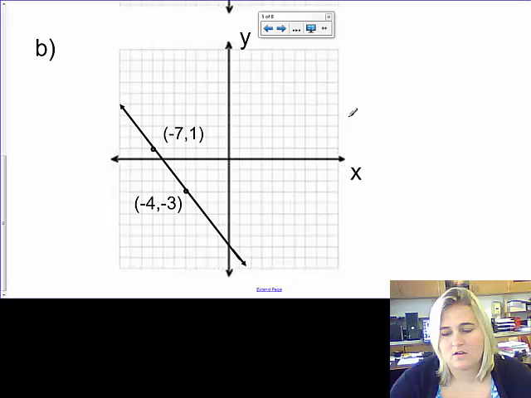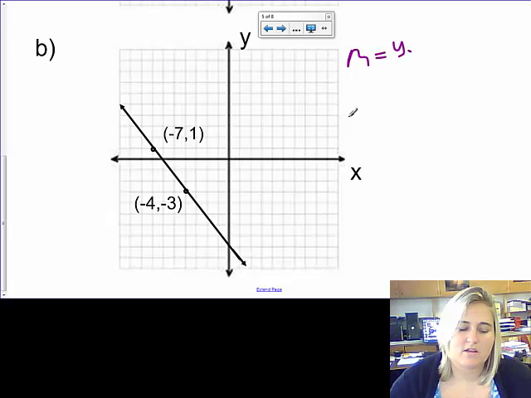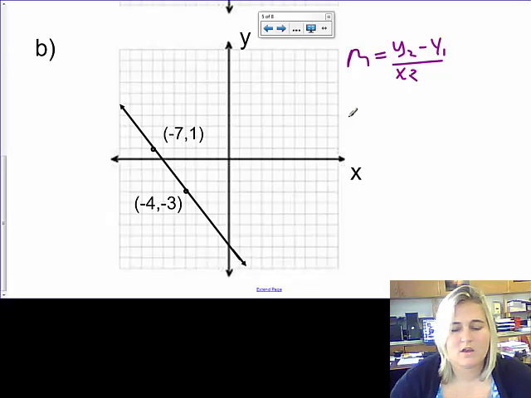On B, once again, we start by writing our equation. m equals y sub 2 minus y sub 1 over x sub 2, that's 2, minus x sub 1. So I'm going to label these starting from left to right.